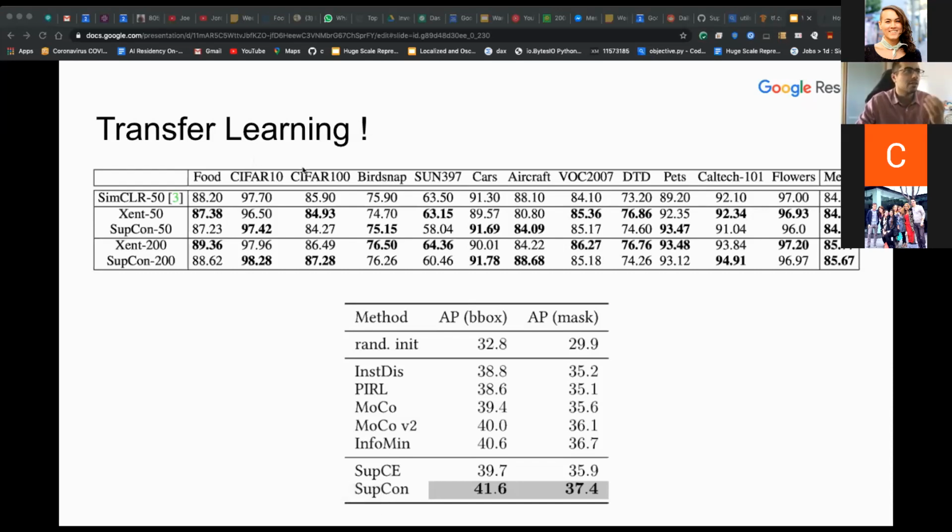What we have here is a model that is trained on ImageNet and then fine-tuned on specific data sets such as CIFAR 10, 100, Pool, Sun397, VOC, and you can look at details of that in our paper as well. The key idea here is that we are competitive with most of the state-of-the-art models, which are cross entropy and SimCLR, on both ResNet 50 and ResNet 200.